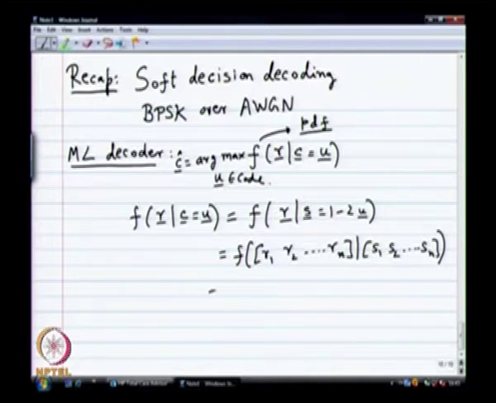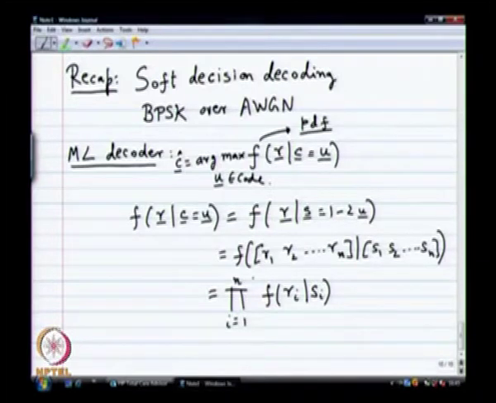Remember s1 through sn is given. It is some known symbol vector. Once the symbol vector is given, the received values become conditionally independent. So you can write this conditional PDF as the product of f of ri given si, i equals 1 to n.